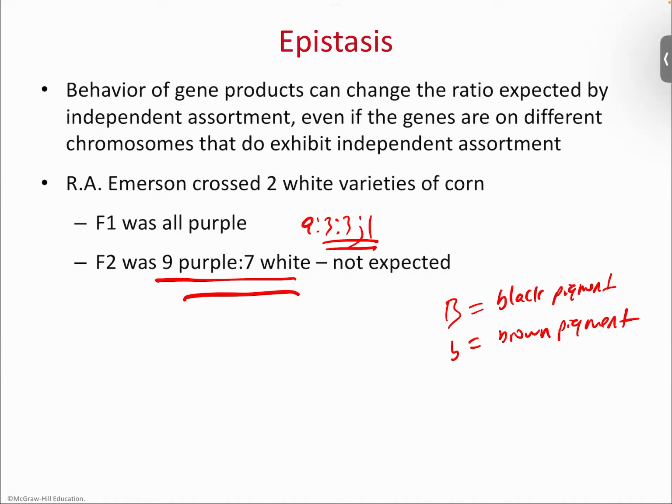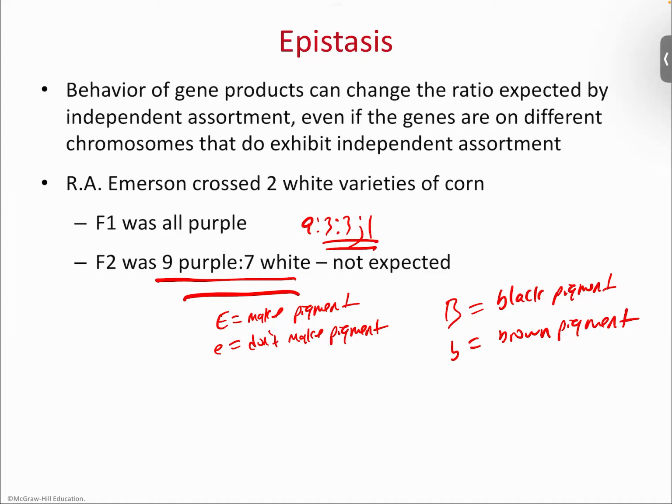We're going to call it E. In this particular case, big E is basically saying, make pigment. Little e is saying, don't make pigment. So you can see you have a kind of a decision tree, don't you? Where one decision is reliant on a previous decision.